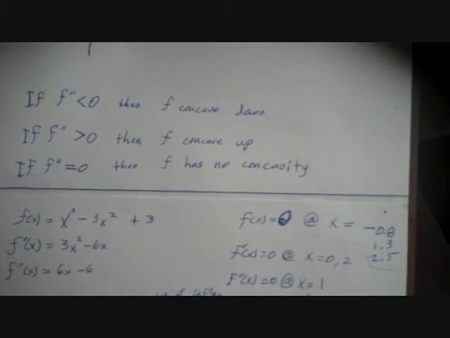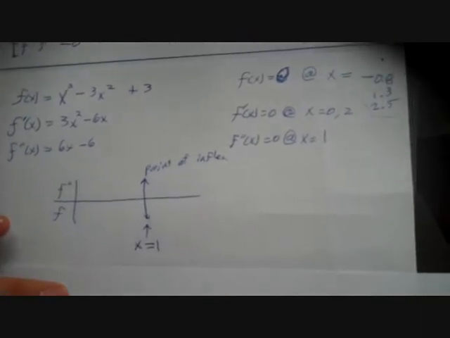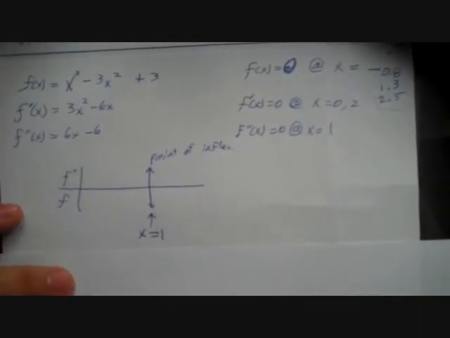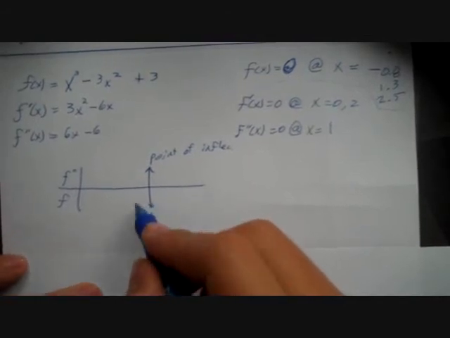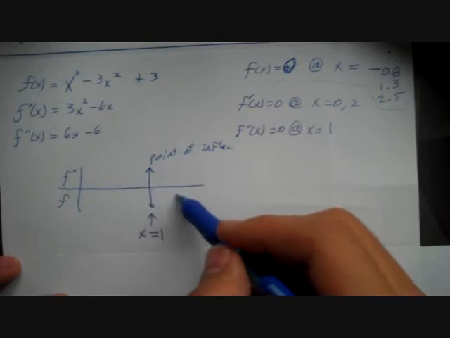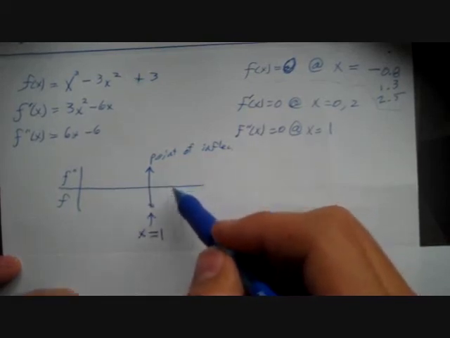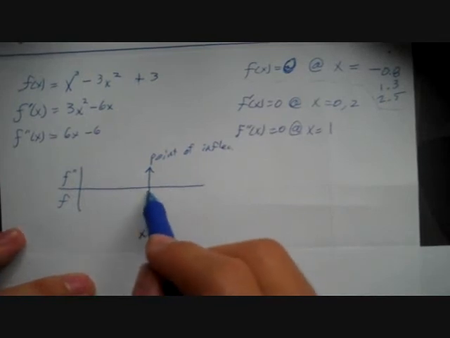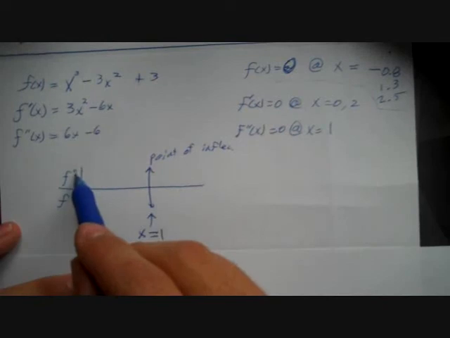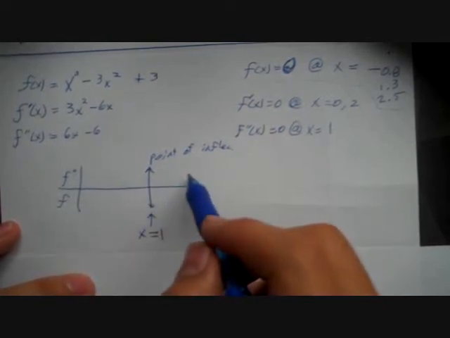Well, we know there's a point of inflection at 1, so at x equals 1, we know that it's going to change from concave down to concave up, or concave up to concave down. Okay? So we just need to check and see, is the second derivative of our function positive or negative on each side of the point?